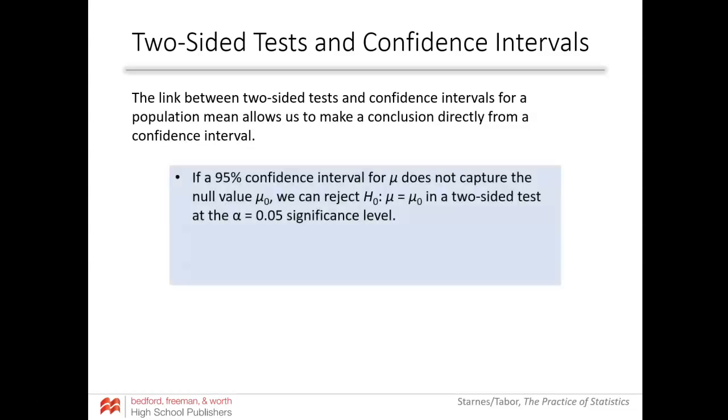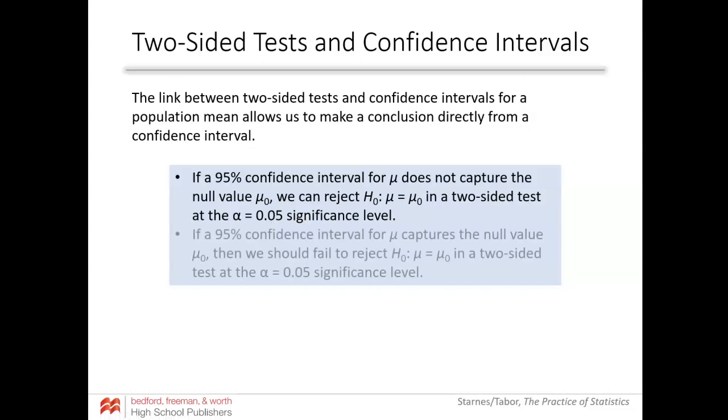So if you have a 95% confidence interval for mu and it does not capture the null hypothesis, so in that little interval you're given, if the null hypothesis is not in there, you have enough evidence to reject the null hypothesis right there. If you are performing a two-sided test, this only works for two-sided tests, and this particular one would have to be at the 5% significance level because of the 95 complement.